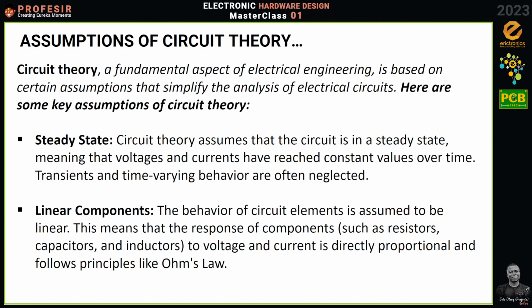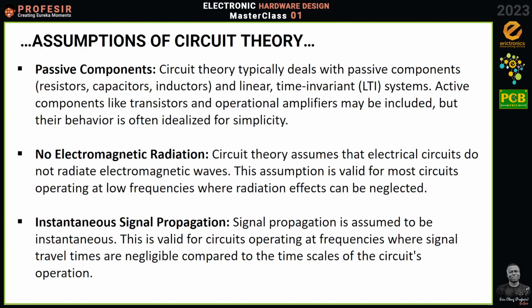Circuit theory also assumes that the behavior of circuit elements is linear. Is that okay? So here we are talking about things like resistors, capacitors, inductors. And it goes on. In fact, now look at this one. It says no electromagnetic radiation. That means that when we are using circuit theory, you don't consider any sort of electromagnetic radiation.